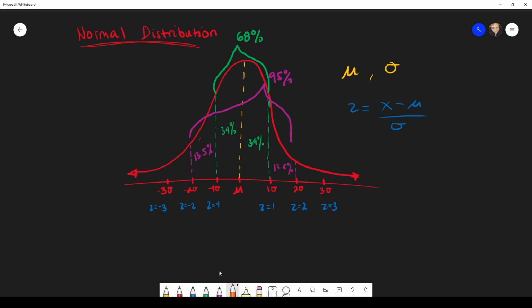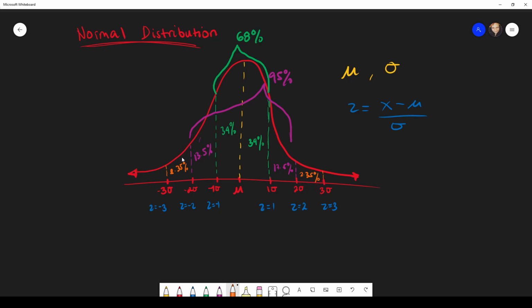The empirical rule also tells us that if the data lies between two standard deviations and three standard deviations, then that percentage of data is 2.35%. So if it's 2.35% on the left side, it's also 2.35% on the right side.